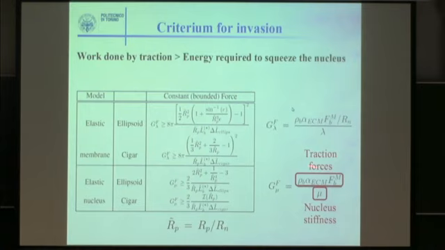These terms all have to do with how efficiently the cell can exert forces on the wall of the microchannel, and in the denominator you have the nucleus stiffness. So in some sense, this number is large if mu is small or if the force is large. Okay? And there is a balance.